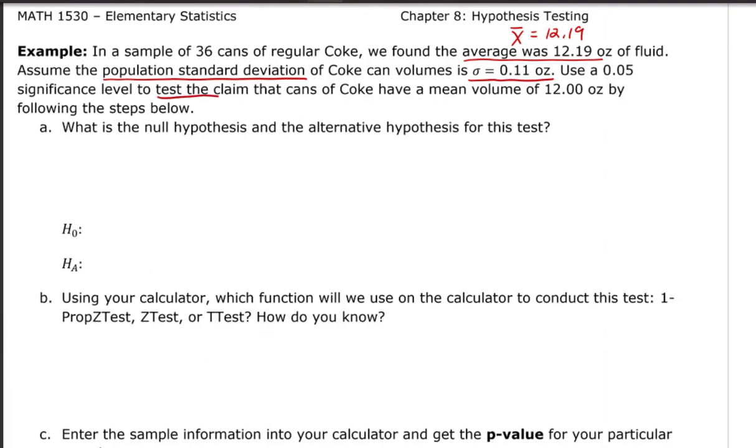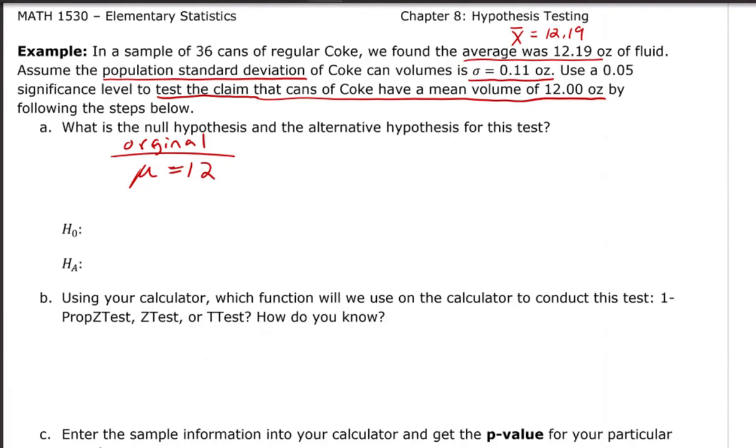So we know we're doing a hypothesis test. Thus, we will use the z-test for sure to test the claim that the cans of Coke have a mean volume of 12 ounces. Okay, so our original claim: the Coke volumes, the mean is equal to 12 ounces.